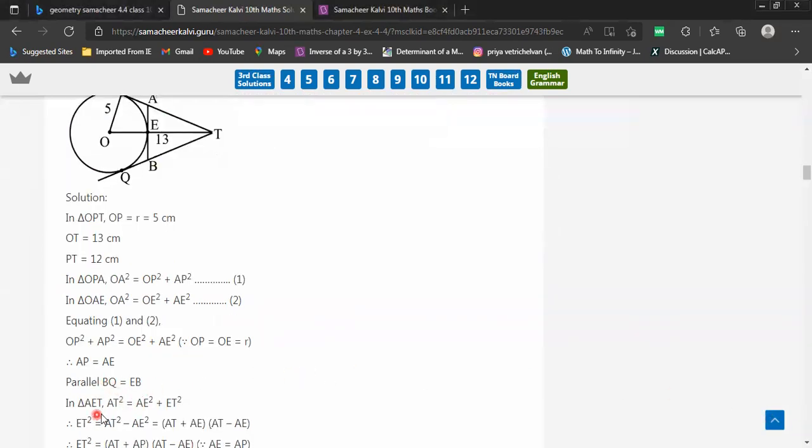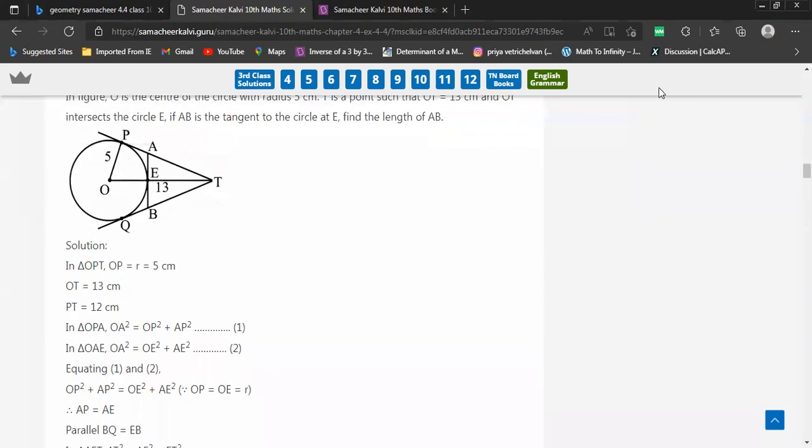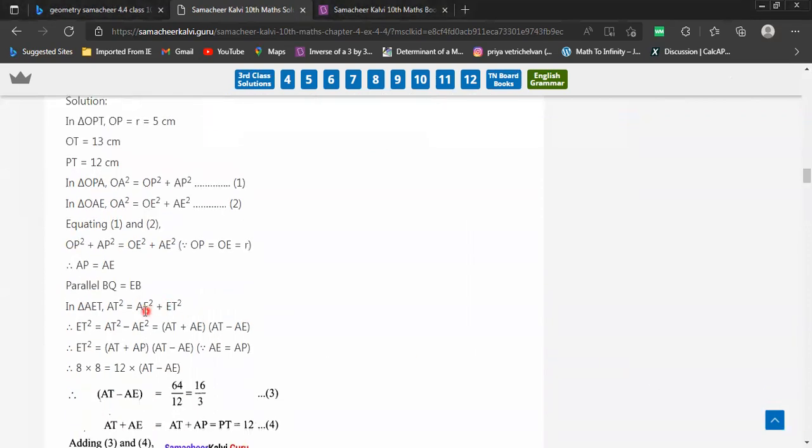So you just apply this theorem again on AET. What is AET? Again, the Pythagoras. So this is going to be your hypotenuse. So AT square is equal to AE square plus ET square. Okay. So ET square can be written as AT square minus AE square.